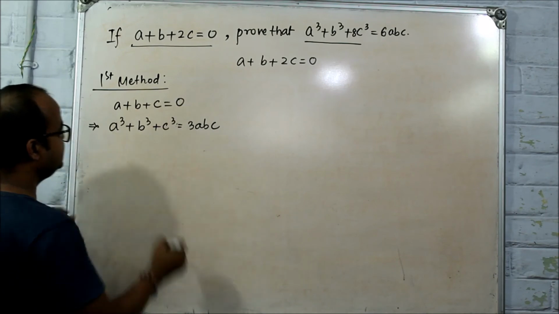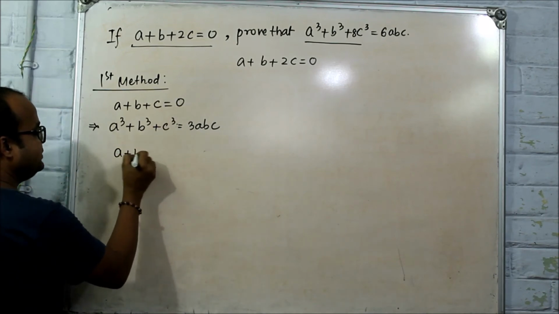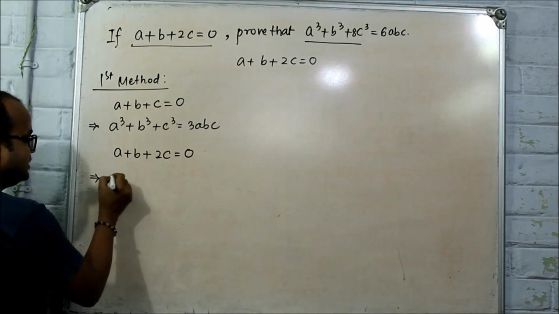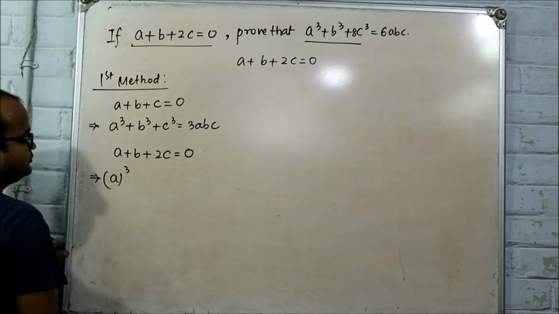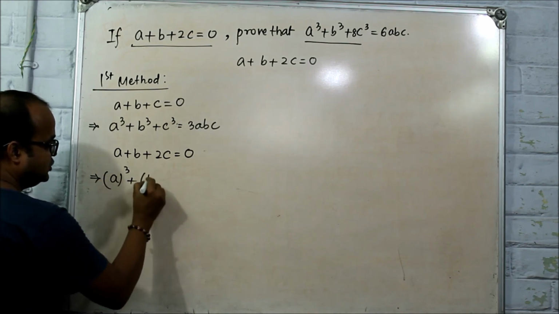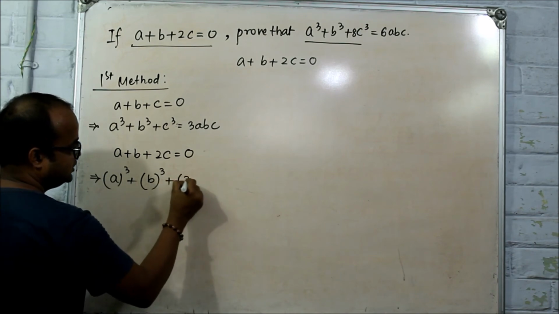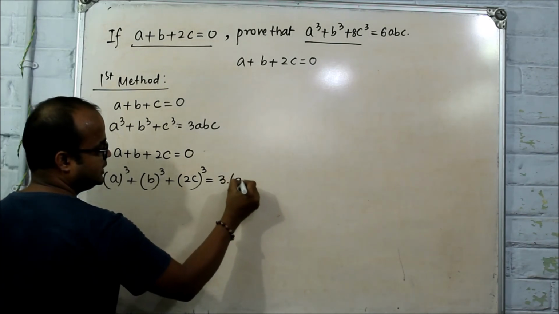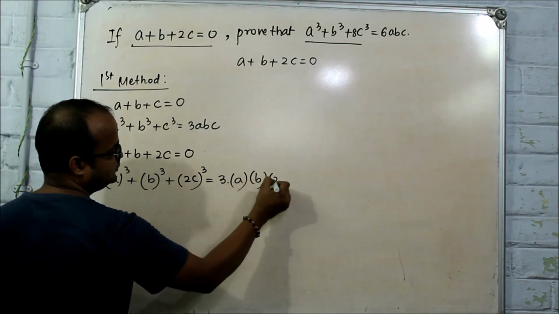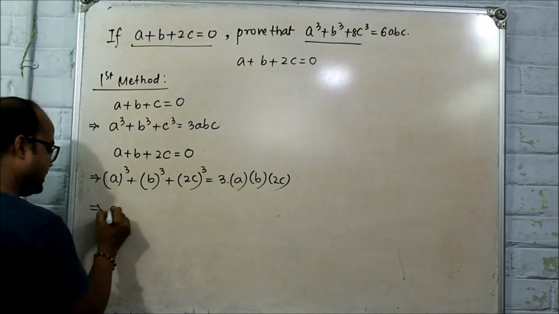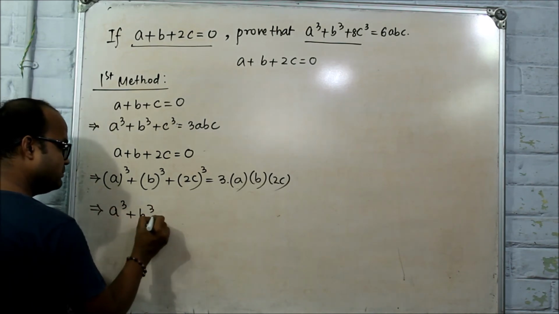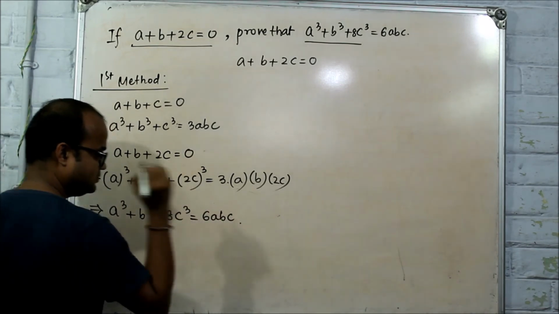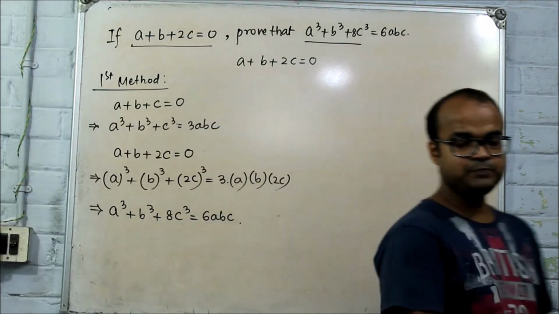So if you use this, I can say since a + b + 2c is equal to 0, it implies the cube of the first term plus the cube of the second term plus the cube of the third term is equal to 3 into a into b into 2c. It implies a³ + b³ + 8c³ is equal to 6abc. Simple.